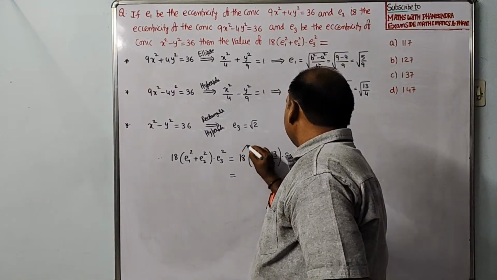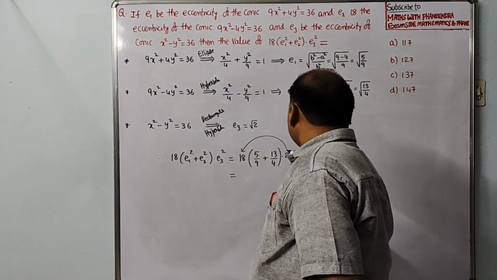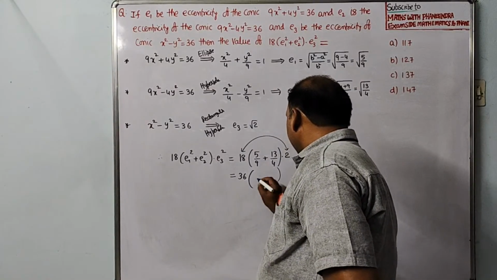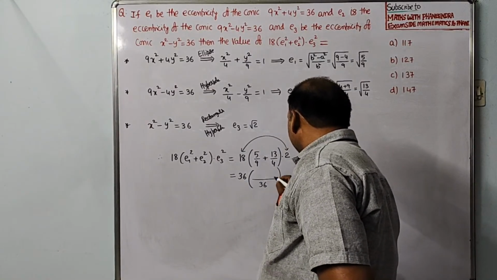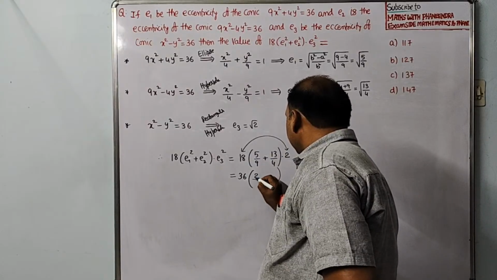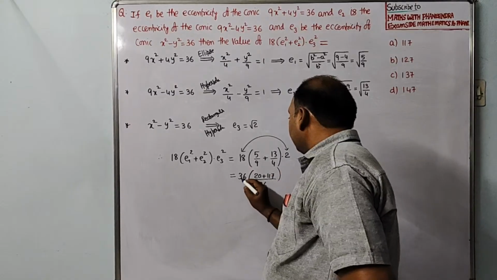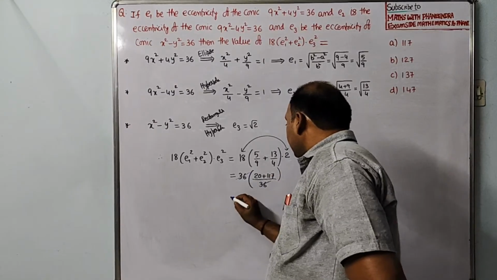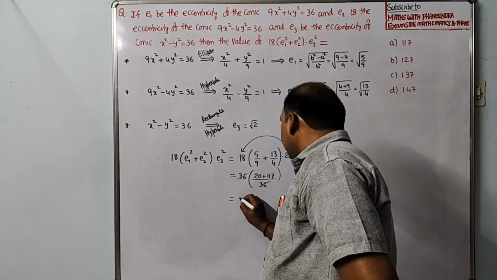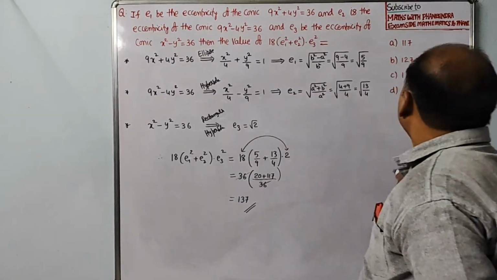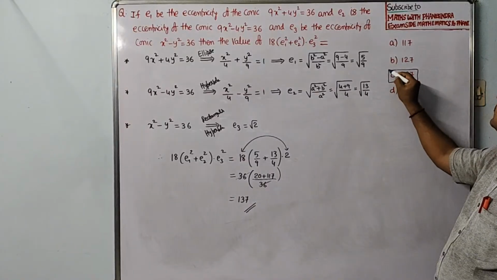So 18 into 2 is 36, into, here 36 is the LCM, 20 plus 117, that is 137. This is the final answer, dear students.